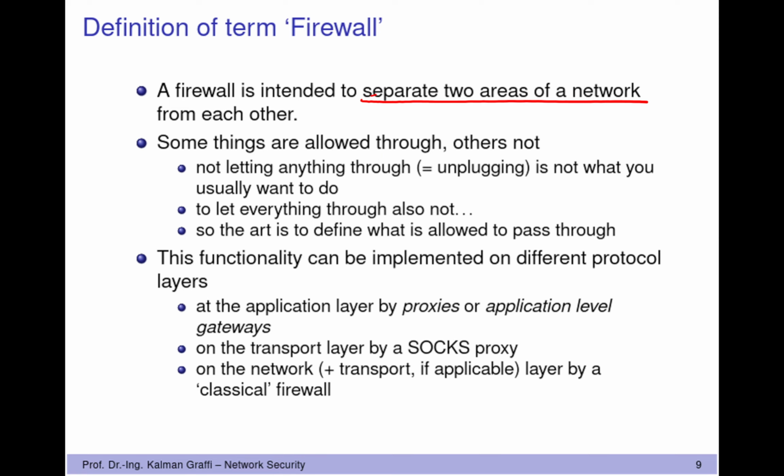So you define what is allowed to pass through, and you have to define what should be allowed or not. This can be applied at different kinds of protocol layers. One of them you were also facing in the exercise.